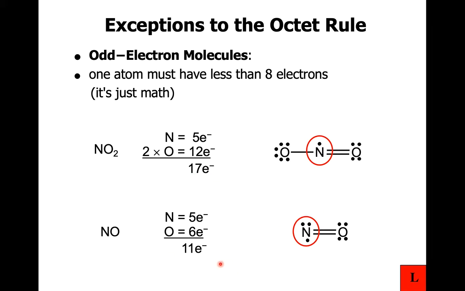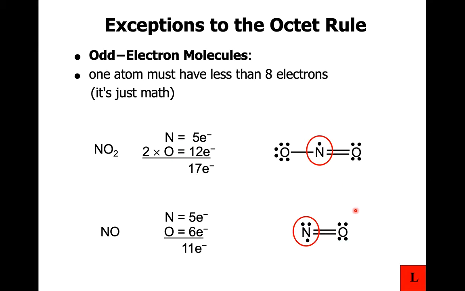Same deal here with NO. 5 from nitrogen, 6 from oxygen, 11 total. They would prefer to have an even count, but they just can't manage it because there's an odd total. Again, anytime we have these situations where we have an exception, both of these are extremely reactive.